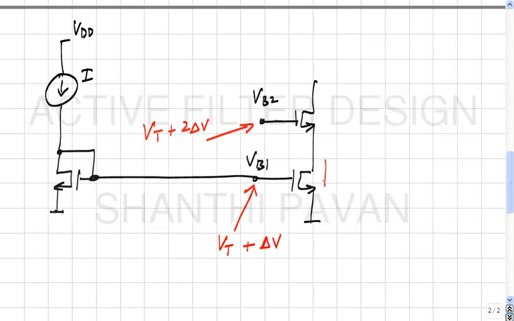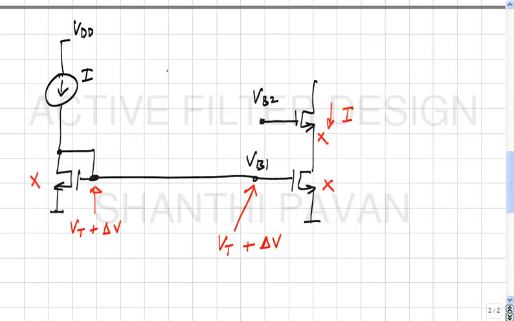So we know that this transistor carries a current I and so does this, and we also know that if a transistor of size X, when I say size X it means some W by L, if a transistor of size X has an overdrive of delta V, you can interpret VT plus 2 delta V as the gate source voltage of a transistor which is carrying 4 times the current but has the same size, or has 1/4 the size and is carrying the same current, or some combination of the two.